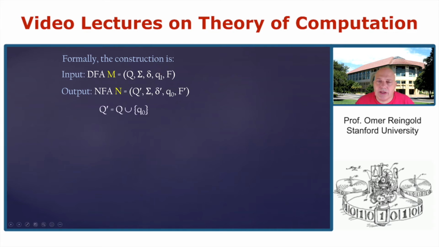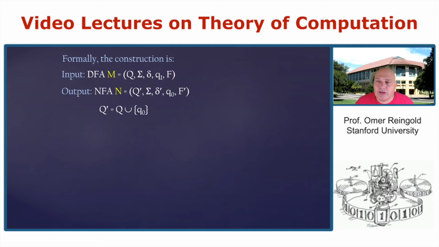So let's formalize the construction. Q prime, the new states, is exactly the old states plus this new start vertex, Q0, which is going to be the new start vertex.